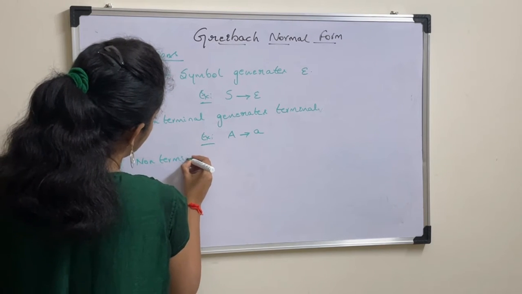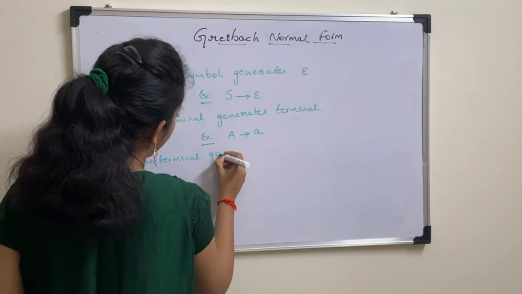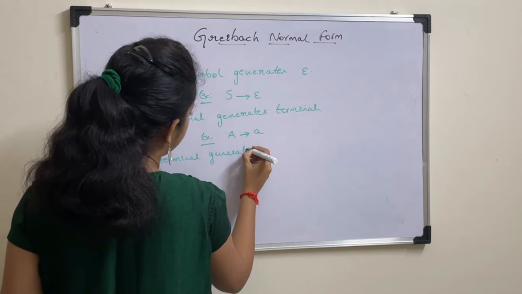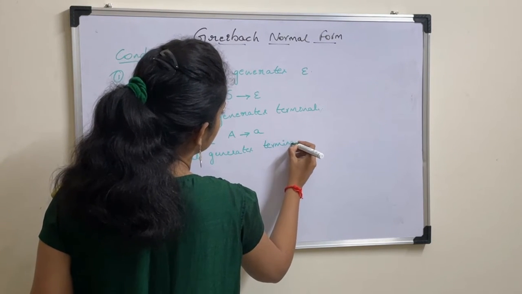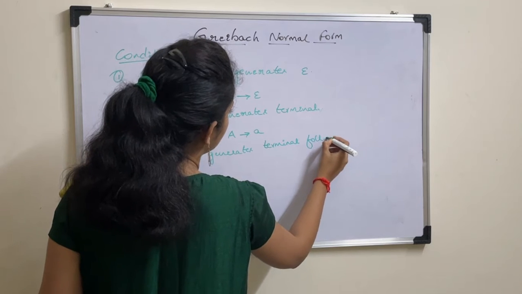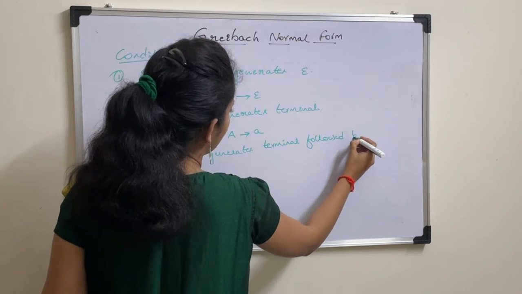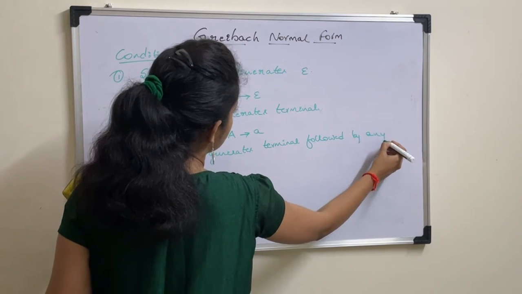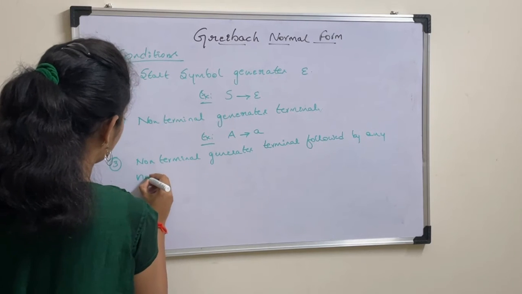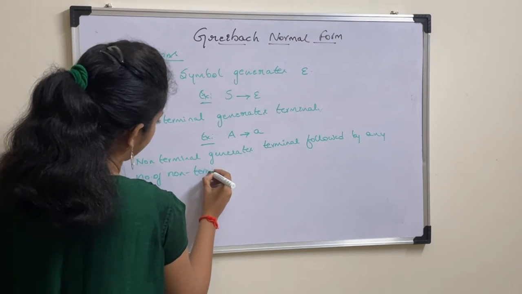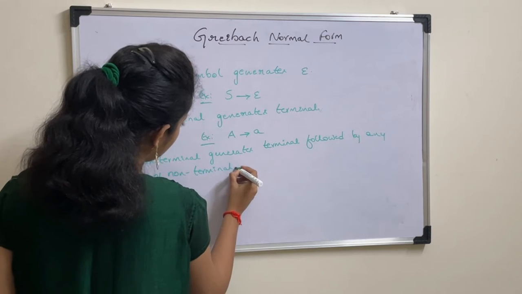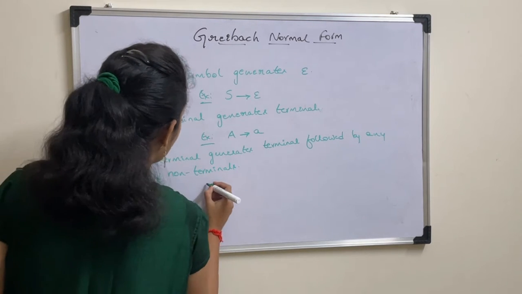Then the third one: a non-terminal generates a terminal followed by any number of non-terminals. So how to write this?